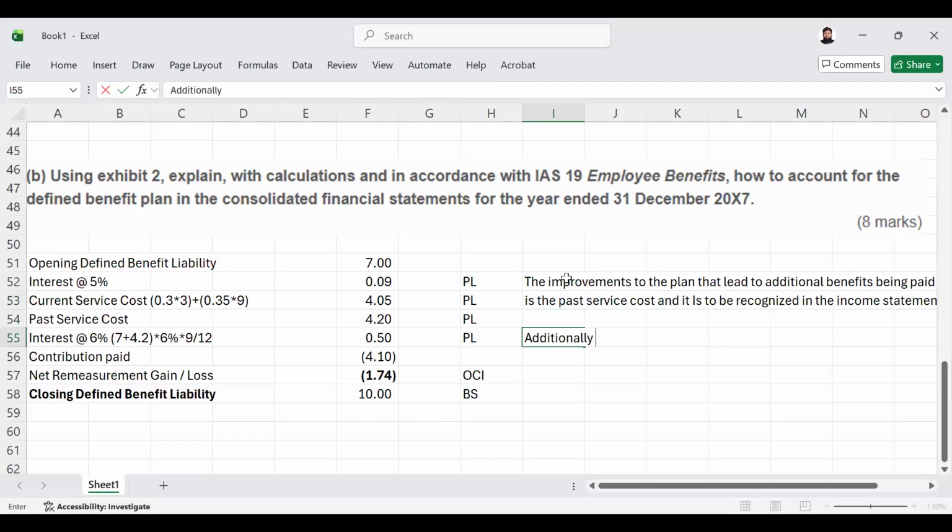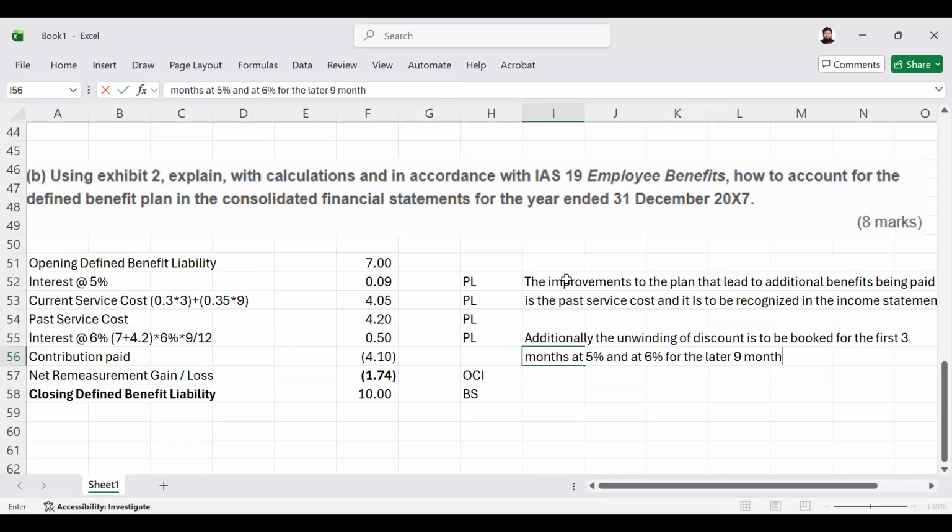Additionally, the unwinding of discount is to be booked for the first 3 months at 5% and at 6% for the later 9 months.